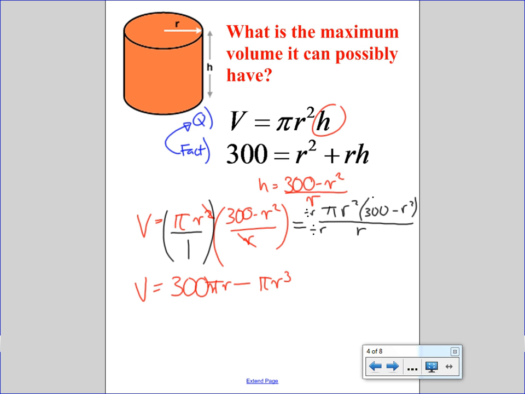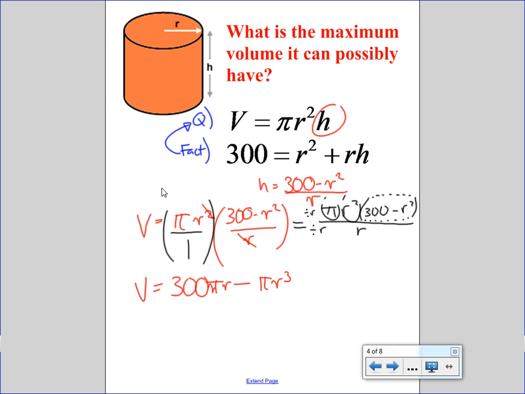And this is one of our little lozenges here, isn't it? Yes, we're looking at that as one unit that we can't yet split up. So we've got a pi times an r squared times 300 minus r, and that's why we can cancel across some of those r's, because they're just multiplied together in each. And then that gives us this.